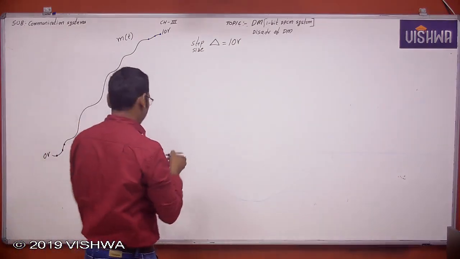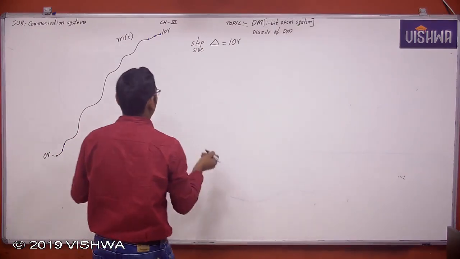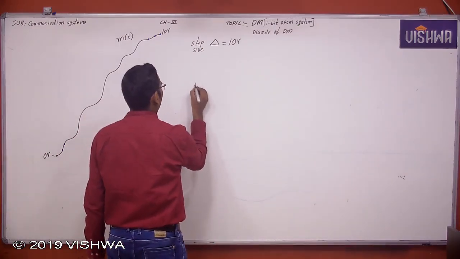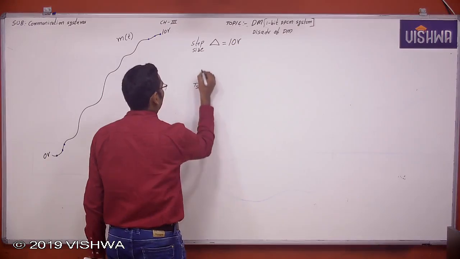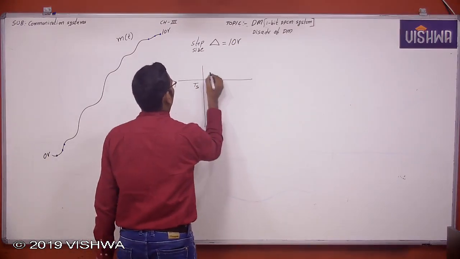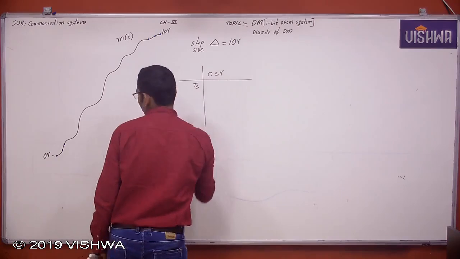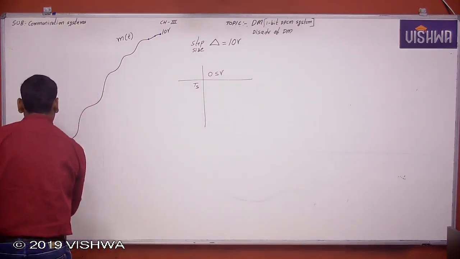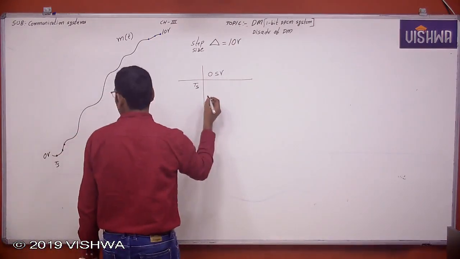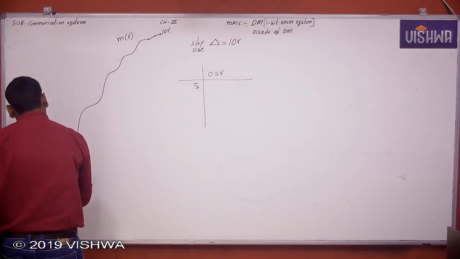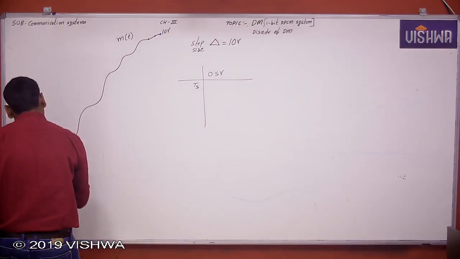Now let us assume at Ts seconds, the original sample value is some 0.5 or something.